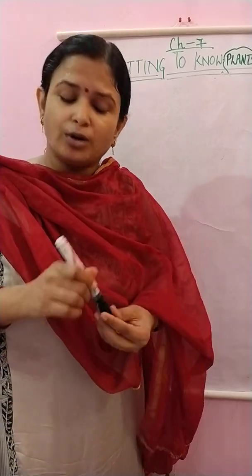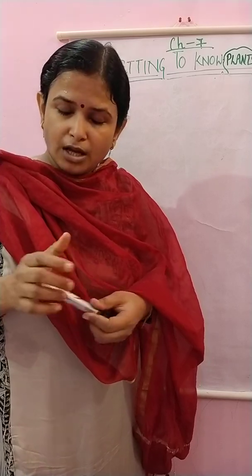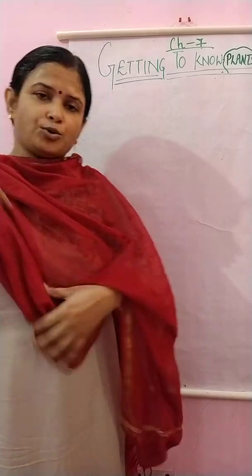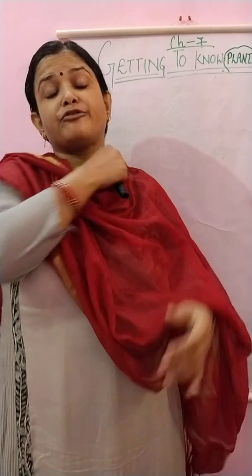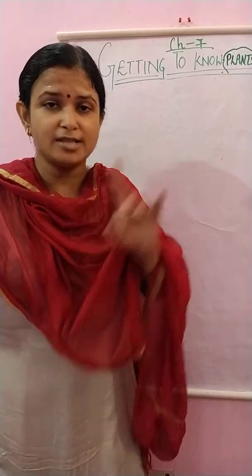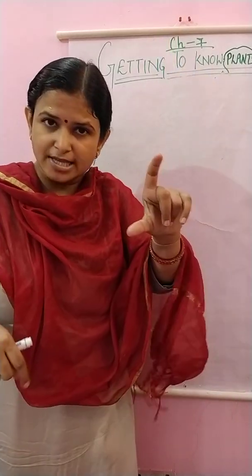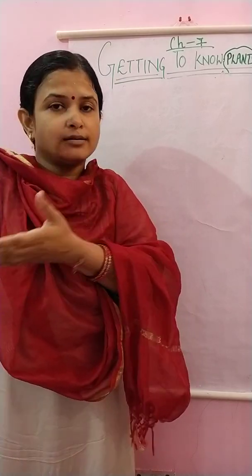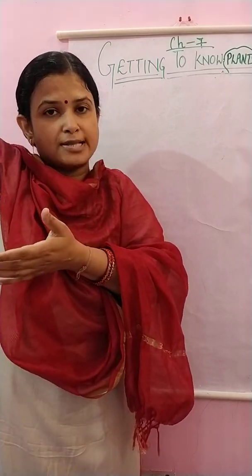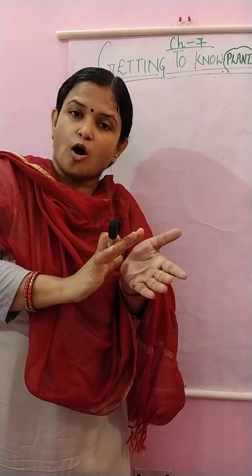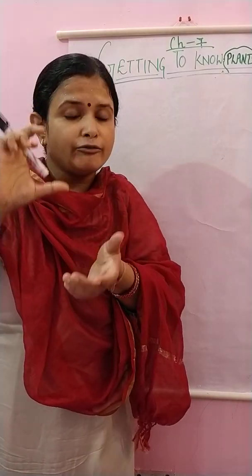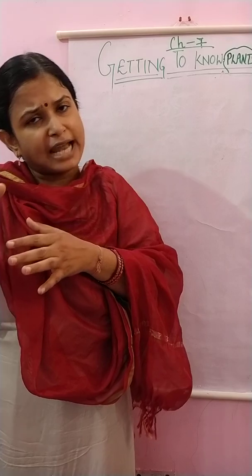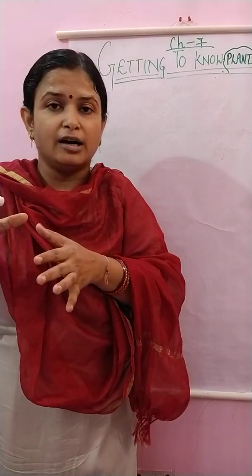Again I want to tell you the difference between herbs, shrubs and trees. Herbs, very small in size. Shrubs, bigger size. Trees, very tall in size. Stems of herbs, very tender, very soft and green in color.